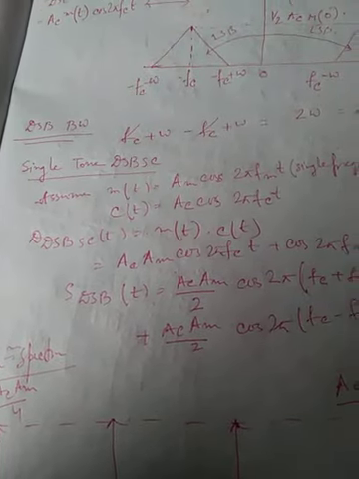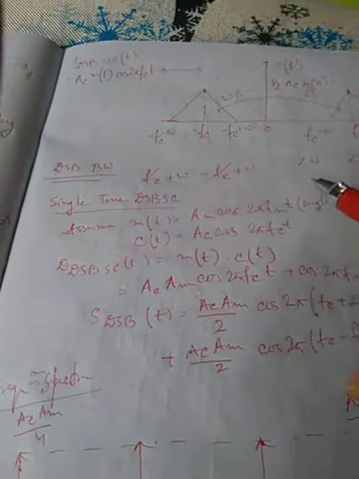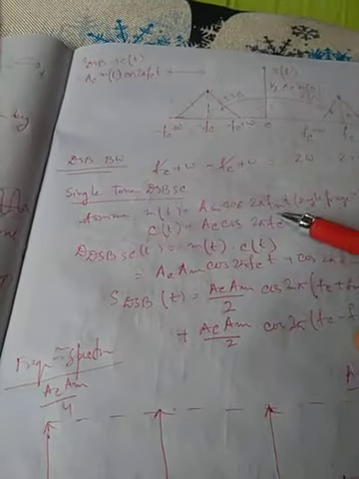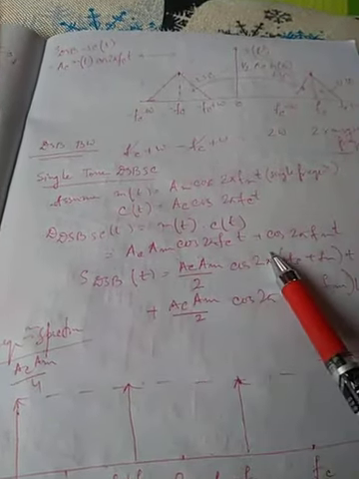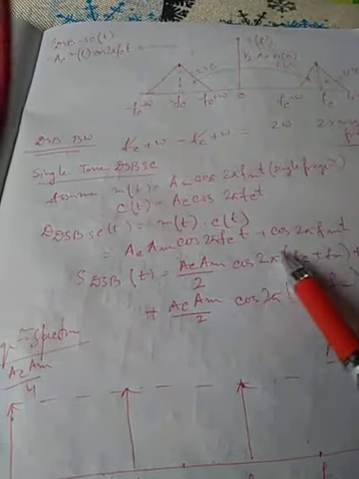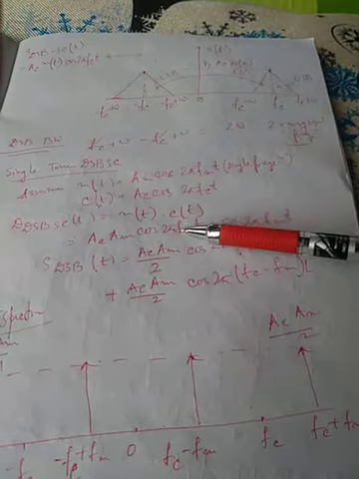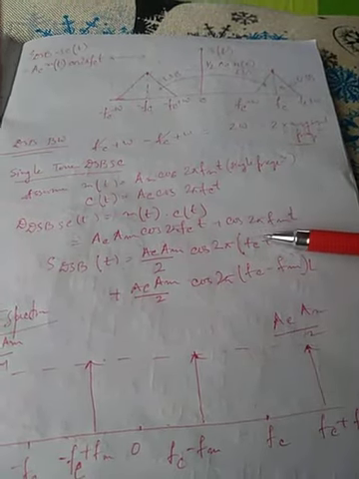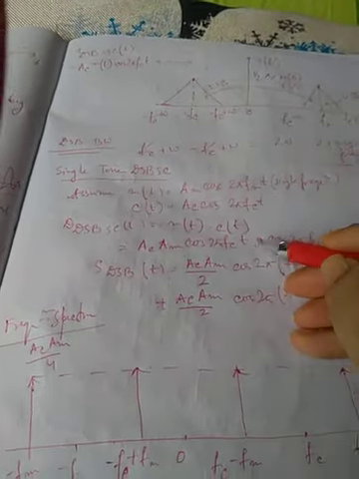Because my message consists of only one frequency term, 2πfm. That gets multiplied with Ac cos 2πfct, which gives my final DSB-SC signal, Ac Am cos 2πfct into cos 2πfmt. No plus, sorry, this is a multiplication.